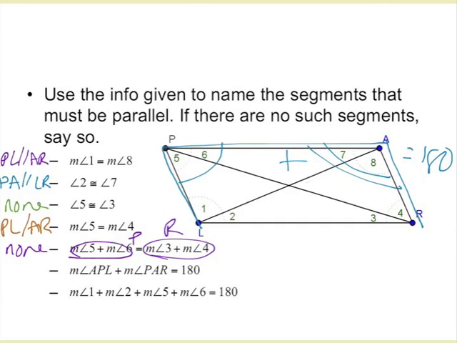What kind of angle pair are they? Supplementary. They're supplementary, and according to our line names for angles, what kind are they? Same side. Same side interior. So if we have same side interiors that turned out to be supplementary, that's a good thing because we had a theorem that talked about that. So that means we do have some parallels here, and they are PL and AR.